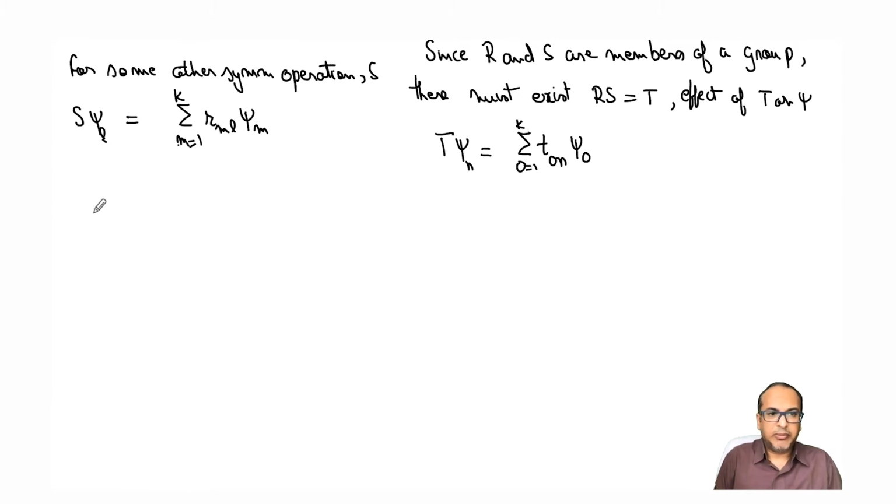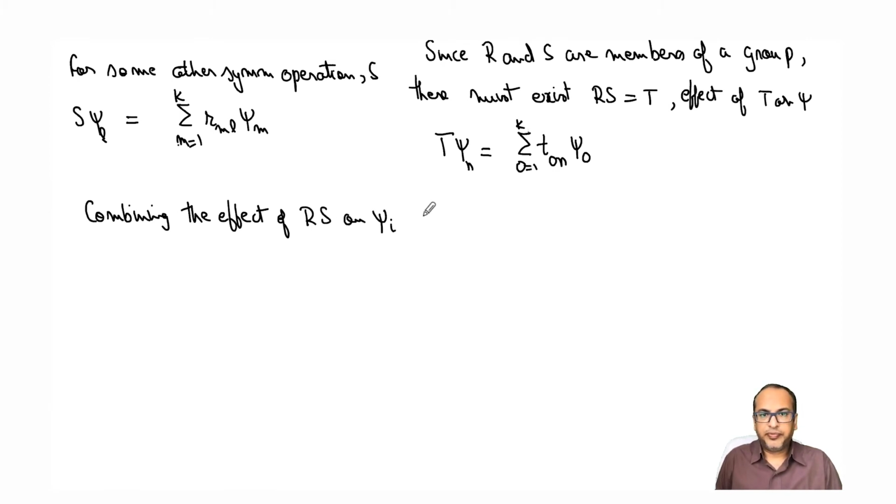So let us combine the effect of RS on psi I. Let us first operate S and then operate R. If we operate S, we get the summation j equal to 1 to k of s ji psi j.